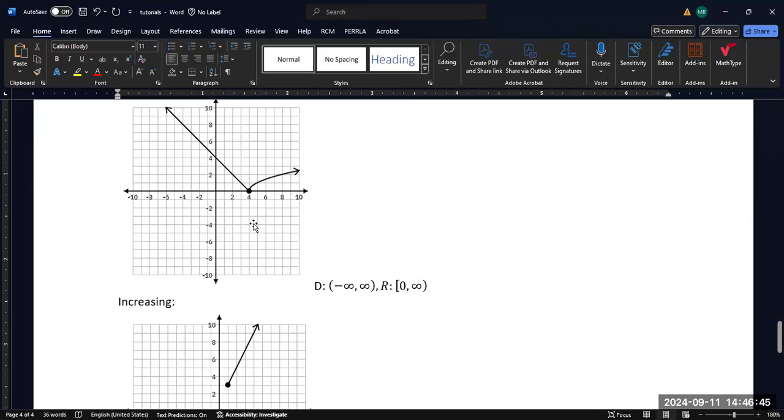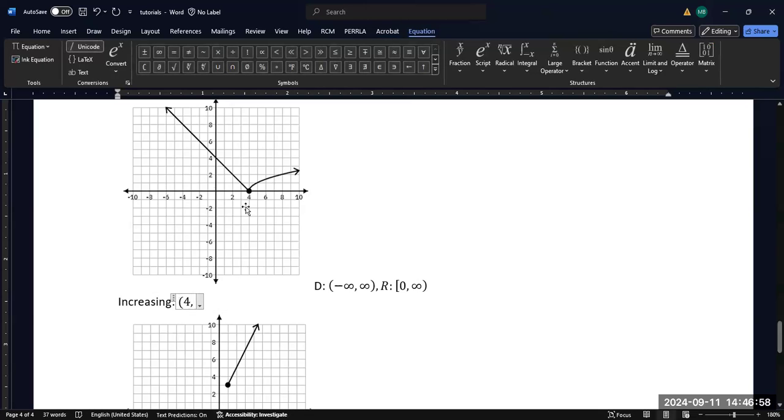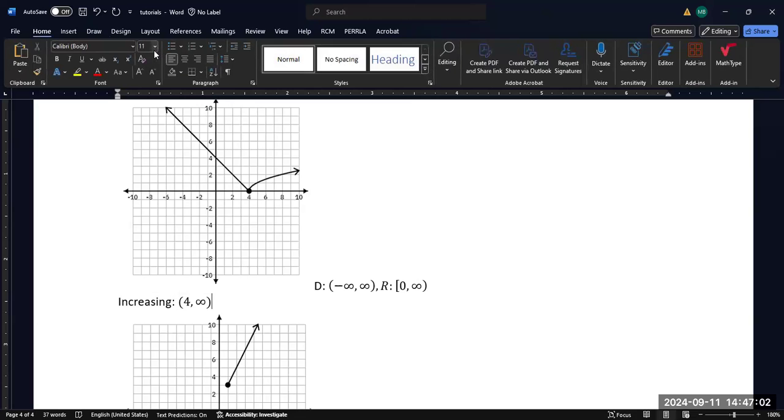And then the interval is reported as an interval in terms of x. So in this particular case, the graph is increasing from 4 to infinity. The endpoints are generally never included in these intervals.